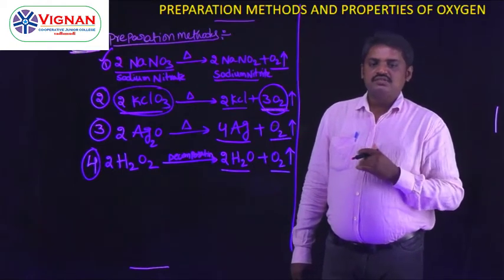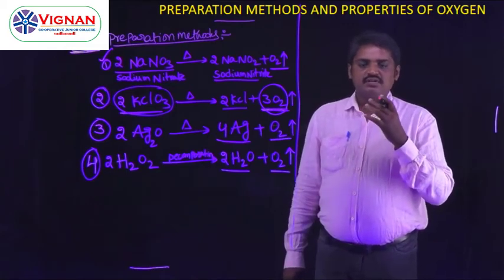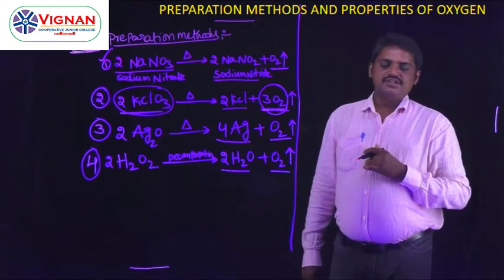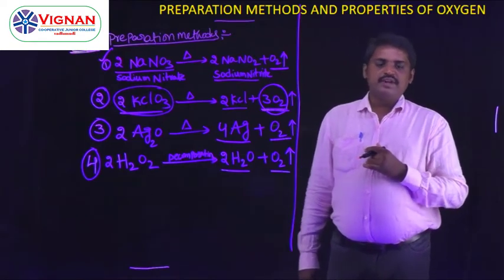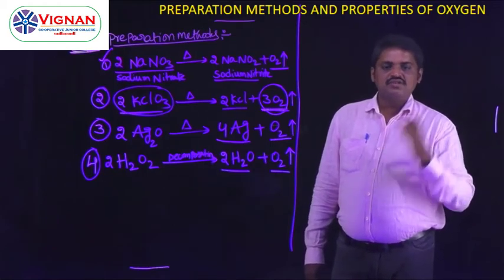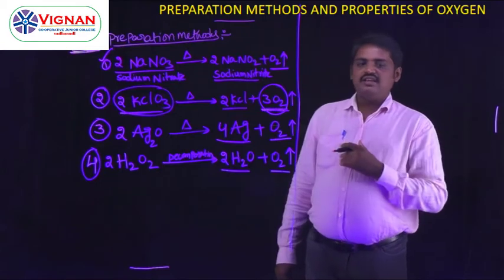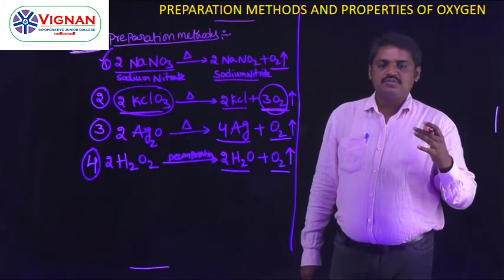And next, there are so many advantages of dioxygen. Some applications are observed. Generally, dioxygen is used to make oxygen cylinders, which are used in hospitals. And this dioxygen is used to make different types of molecules.